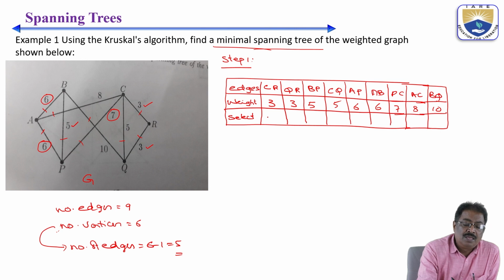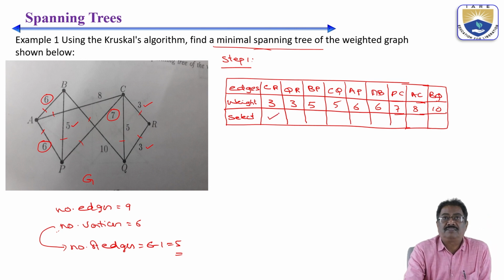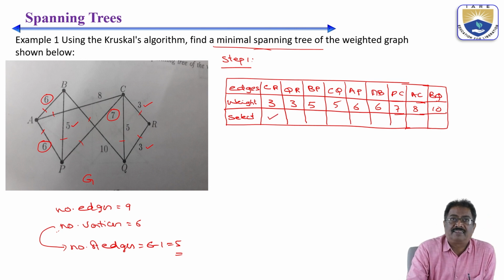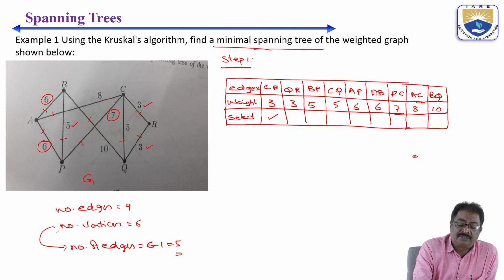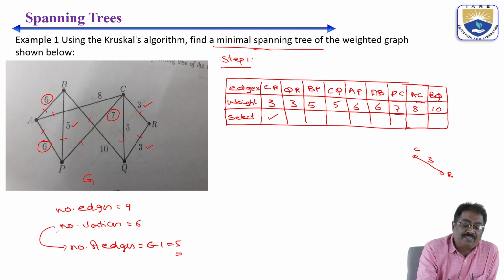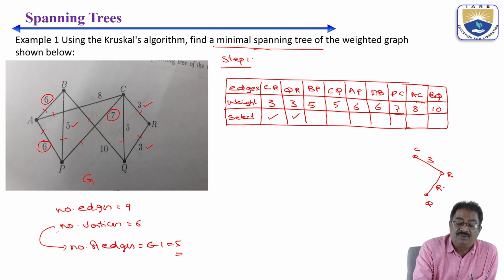Initially we select the CR edge, whose weight is 3. Next another one is QR, which we select as well, and this is also 3.